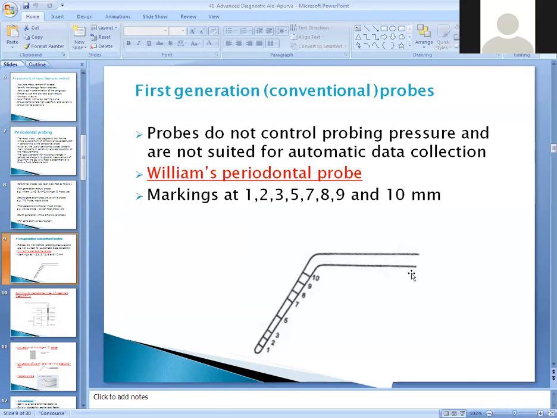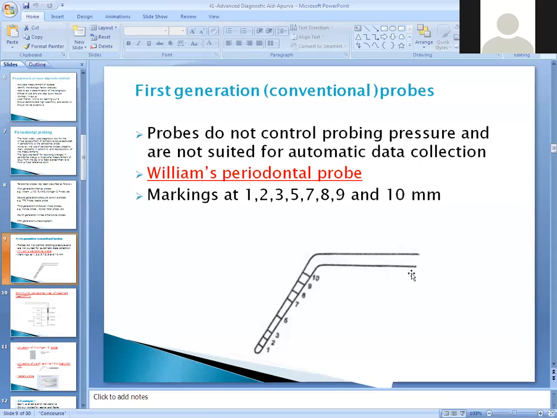So, is it possible to insert your periodontal probe with the same amount of probing force, in the same area, with the same angle? Is it reproducible? See, it is not possible. It is very difficult to insert your probe in the same patient, in the same area, at different visits.